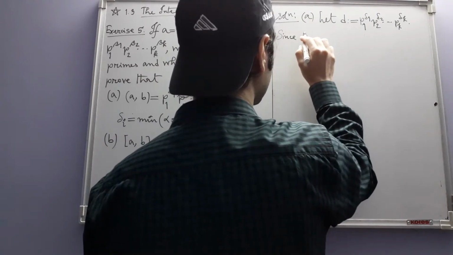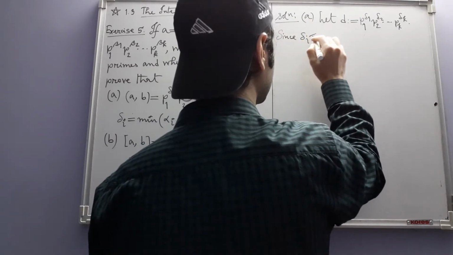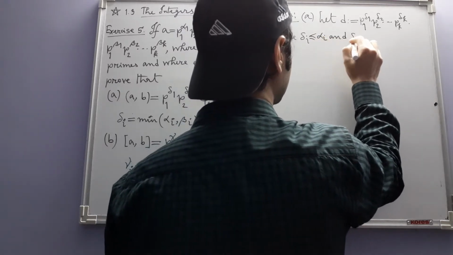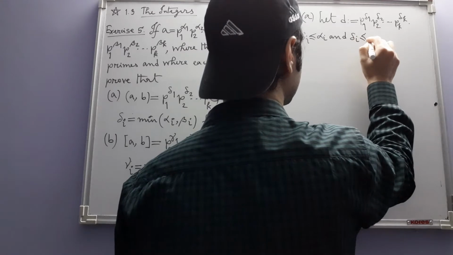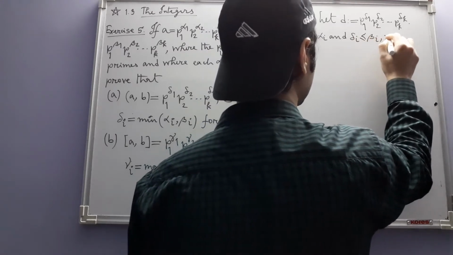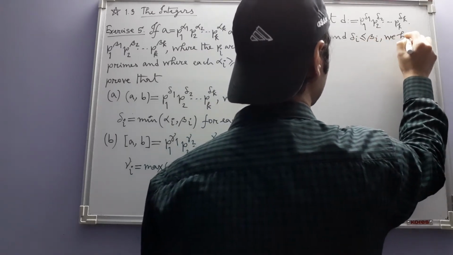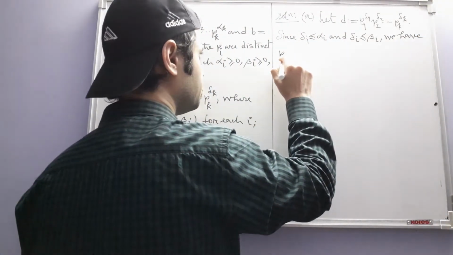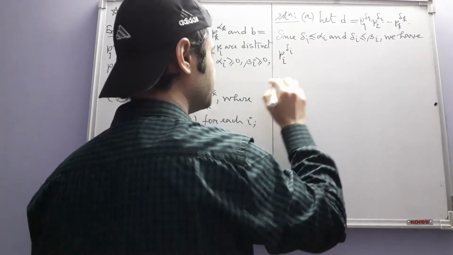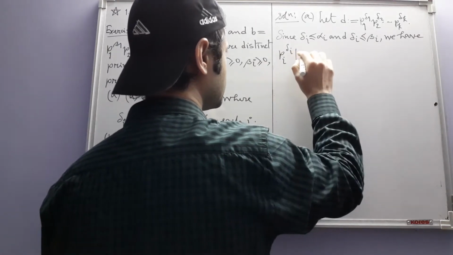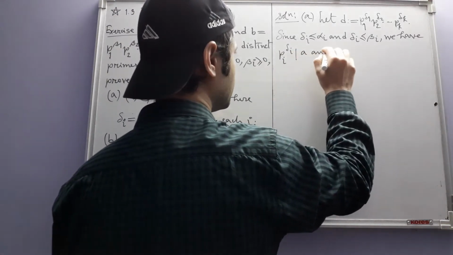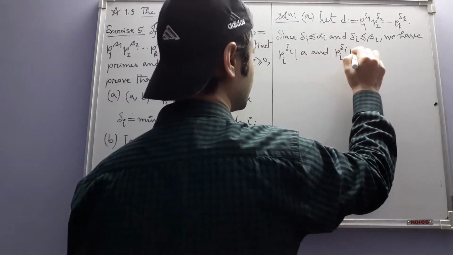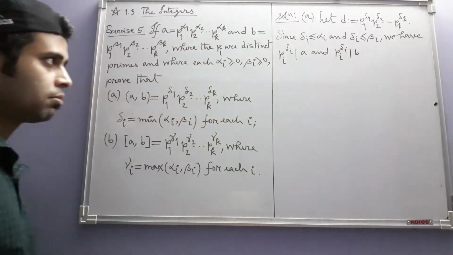Since delta i is less than or equal to alpha i and it is also less than or equal to beta i, we have Pi to the power delta i divides A and Pi to the power delta i divides B. Why?